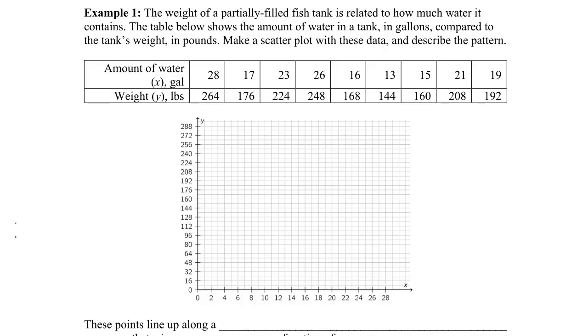So we have the pair 28, 264. So we find the 28 on the x-axis. On the y-axis, 264 is halfway between 256 and 272. So let's see, somewhere along here, and then up here.